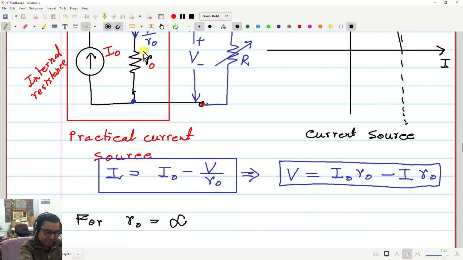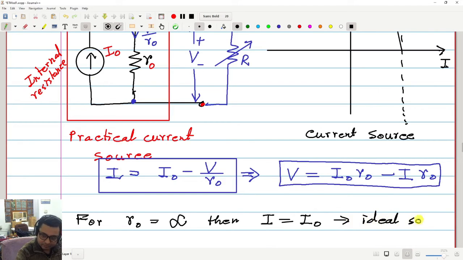It is open circuit. Then I will be equal to I naught. Then that means we have an ideal current source. So this is the ideal situation.